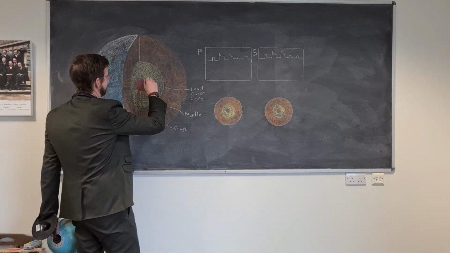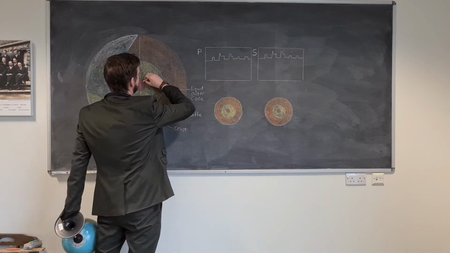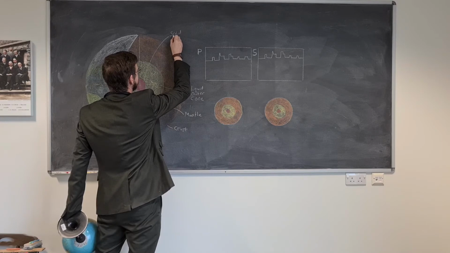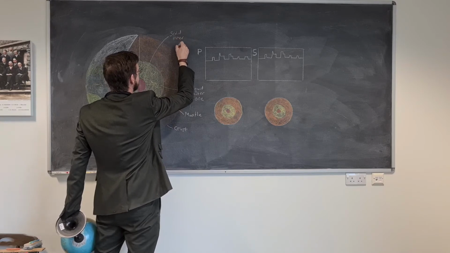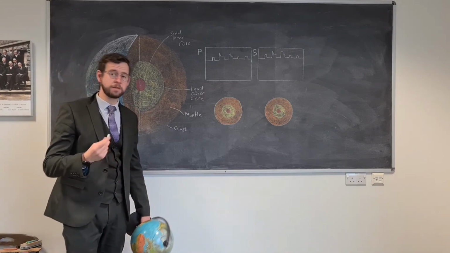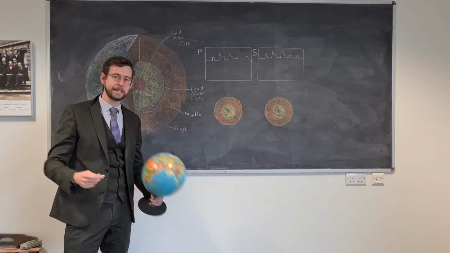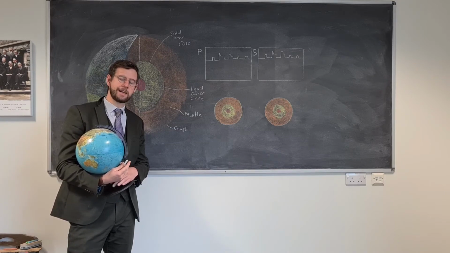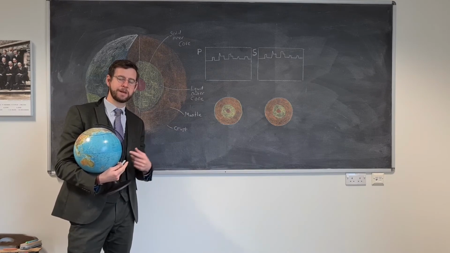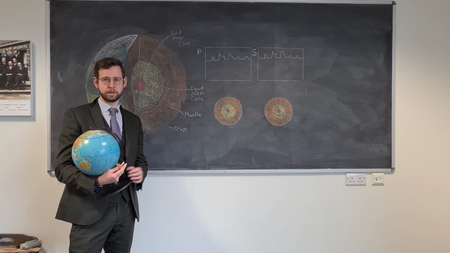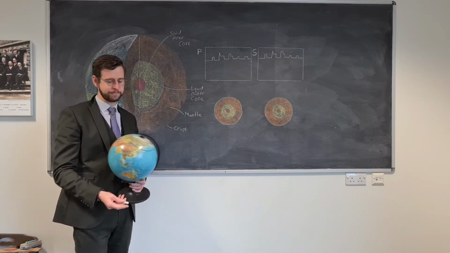Now, within the liquid outer core is a solid inner core. The fast rotation of this iron object, faster than the rest of the planet, is what creates Earth's magnetic field. It's like a dynamo continually spinning and generating magnetic field that erupts out of the poles of the planet.